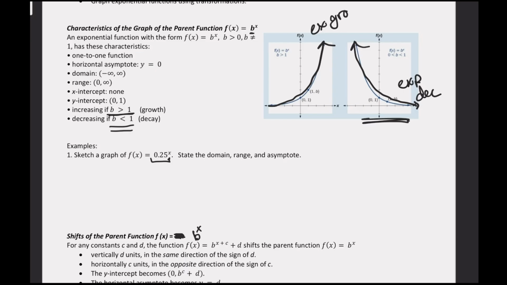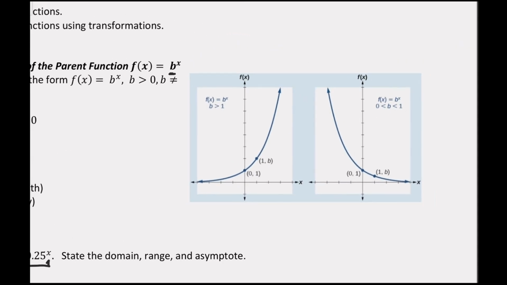Now, other notables for any exponential function: when in that x spot you plug in a 0, you're going to get just the number 1 for an answer, because any number to the power of 0 is 1. Plug in a 1, you're going to get the b value, okay?